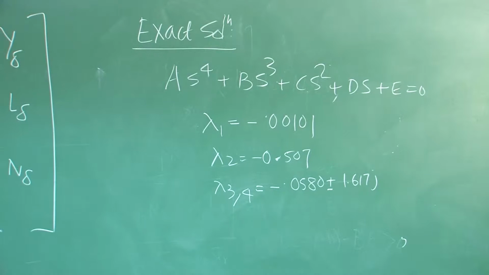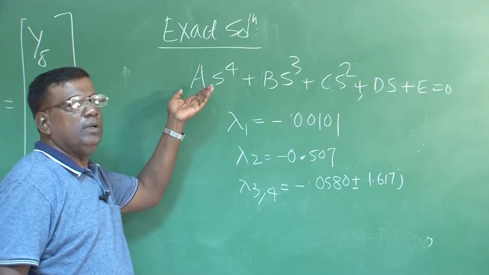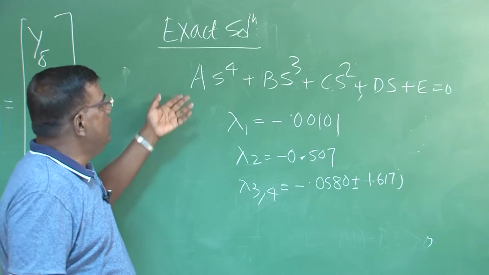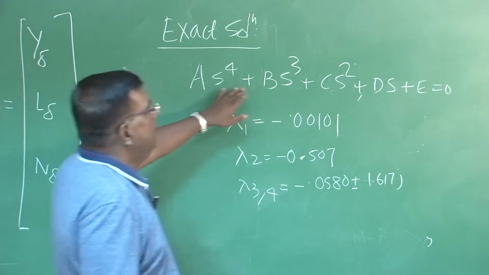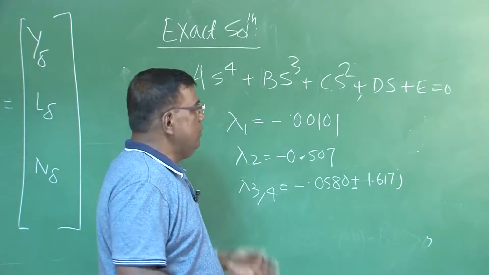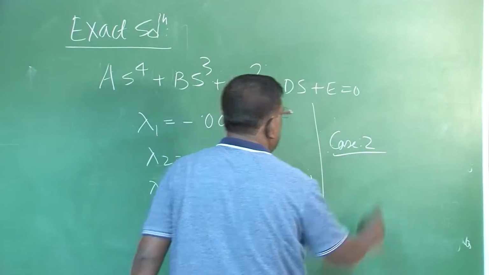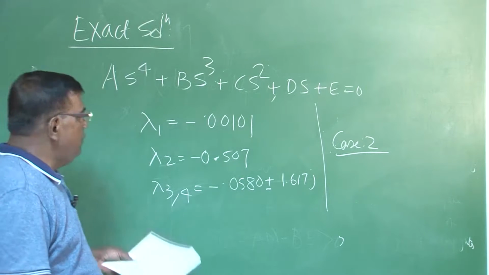How did I get these values? We have an airplane whose aerodynamic coefficients, inertias, or dimensional derivatives are known. Using the expressions of A, B, C, D, E for lateral directional case, we got this equation, then solved numerically. You could see that for most airplanes the roots are what we mentioned for case 2: 2 real and 1 complex conjugate, so 4 roots.